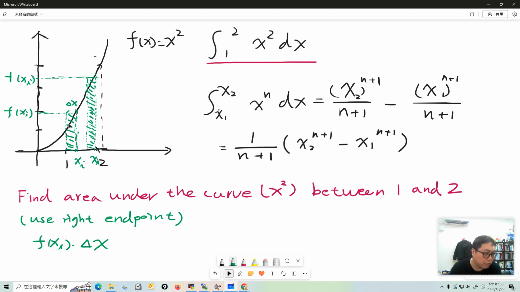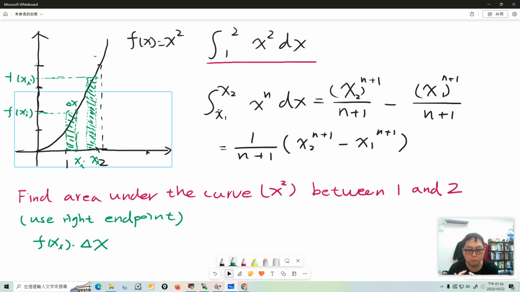But you might think the area under the curve here is not 100% represented by the green area. But if your delta x is very small, the difference between the area under the curve and the green area will be very, very minute.